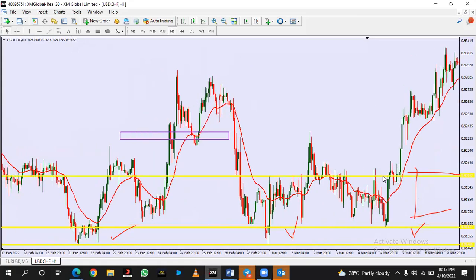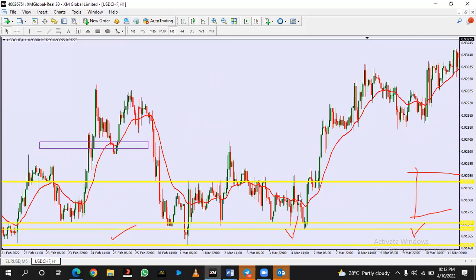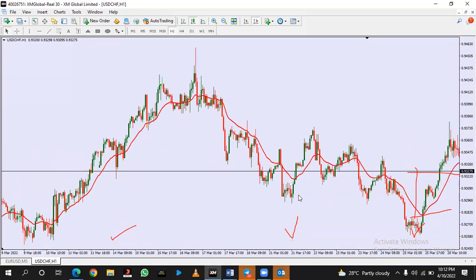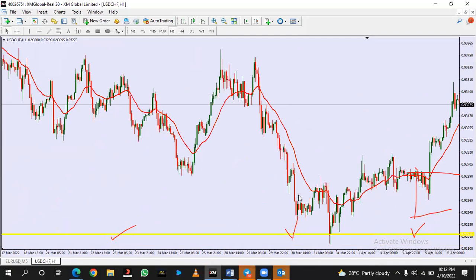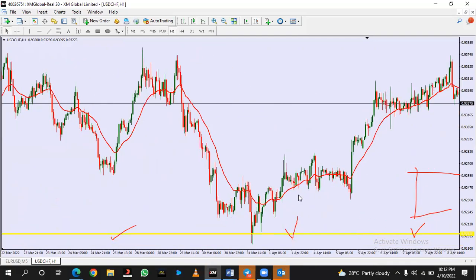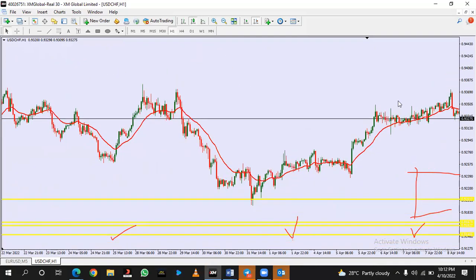Let me put this here. Let me see if price will test this particular fair value gap in the future. All right, look at it. Can you see how price reacts to the fair value gap in the future?